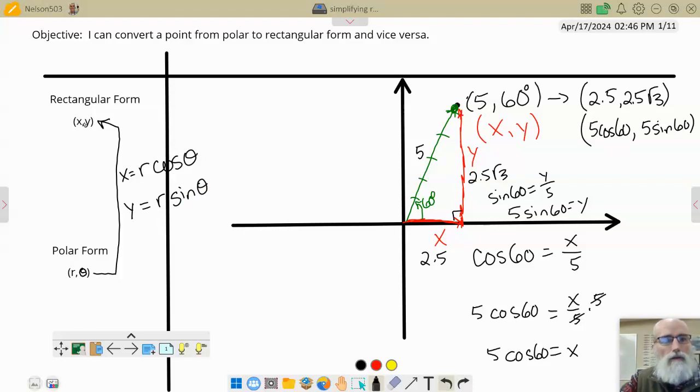All right, so that's how you're going to find your X and your Y if you're given an R and a theta. I want you to pause the video and try as many problems as you can, until you've exhausted the ones that say convert from polar to rectangular, and then come back and we're going to try one going the other way.